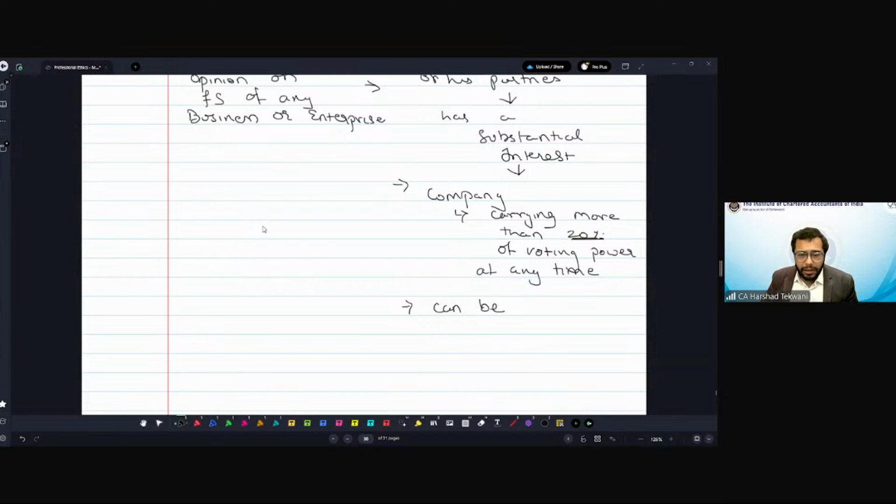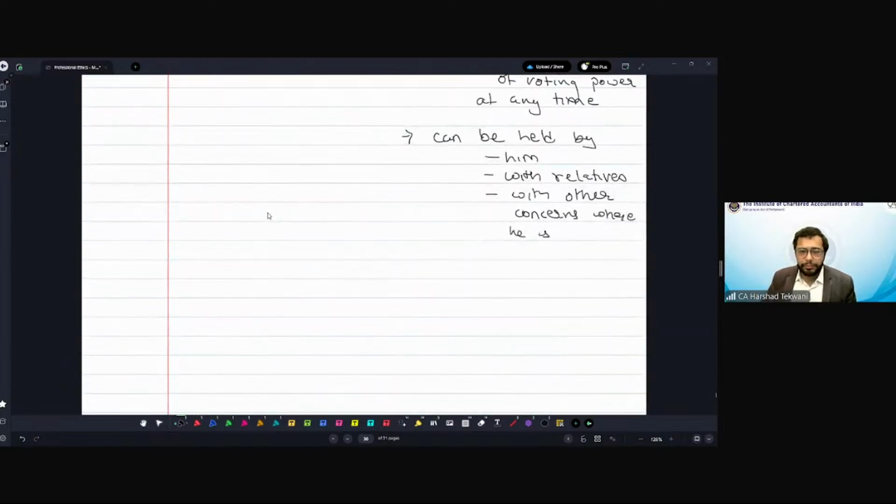That 20% over here can be held by him with relatives, with other concerns where he is having substantial interest.